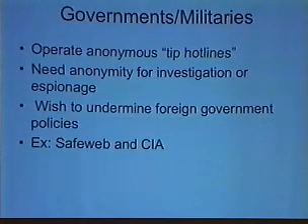And then there's government and military involvement. Anything from wanting to have anonymous tip hotlines that allow people to report potential terror threats, to needing anonymity themselves for investigating online crime or spying on other countries. Governments have an incentive to, on one hand, break anonymity.